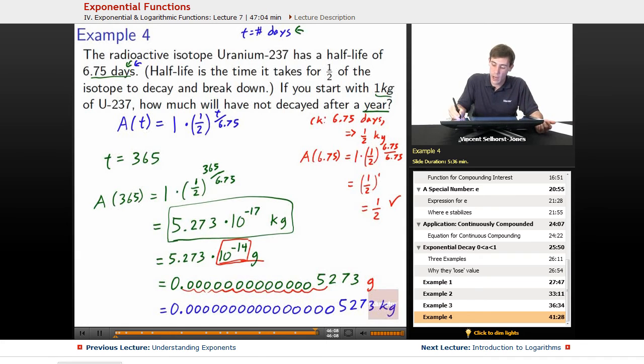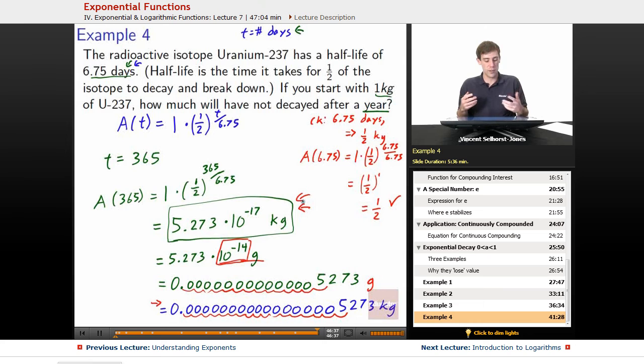And if we counted that one out as well, we'd have 1, 2, 3, 4, 5, 6, 7, 8, 9, 10, 11, 12, 13, 14, 15, 16, 17. So we've got that 5.273 times 10 to the negative 17th kilograms there as well. So it's much easier to write it with scientific notation. That's also probably what a calculator would spit out, because it's hard to write a number like this long on a calculator. So we're much more likely to see it in scientific notation.